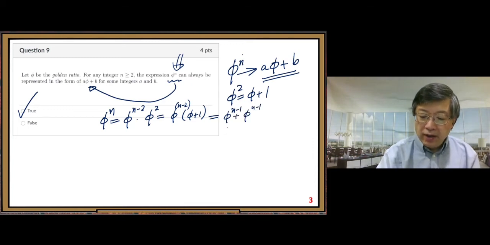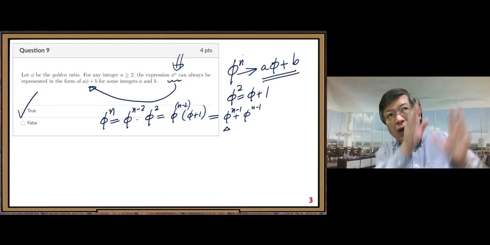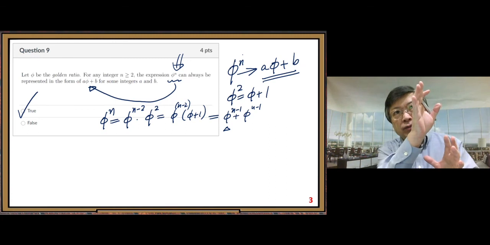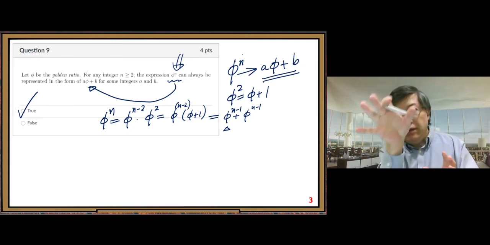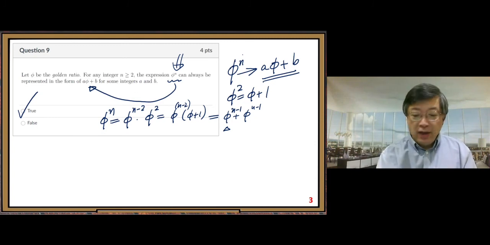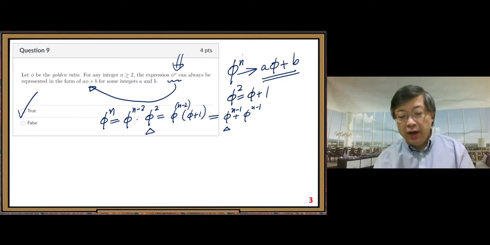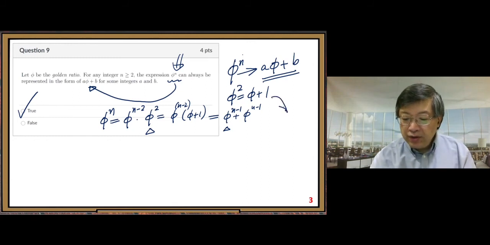You just bring down the highest term, the degree, by 1. So every time you do one substitution in this way, you reduce the degree by 1.